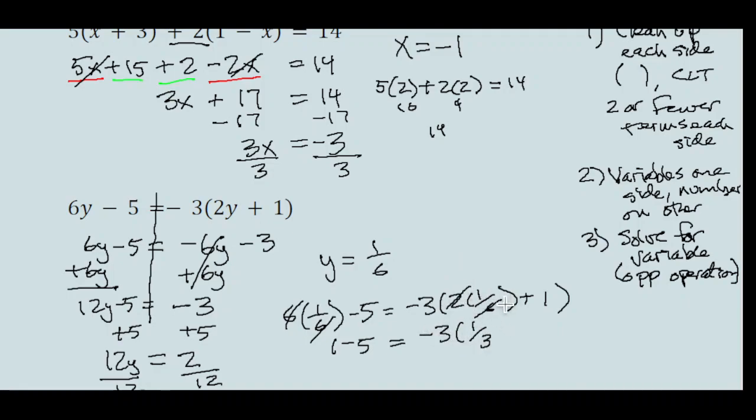Because you get that, plus 1. And then let's do distributive property. Rather than add this up, let's just do distributive property on that side. We'll simplify this over here, and then we get -1, because -3 times 1/3, your 3's cancel, and then -3 plus 1 is -3, and then look at that, -4 equals -4.